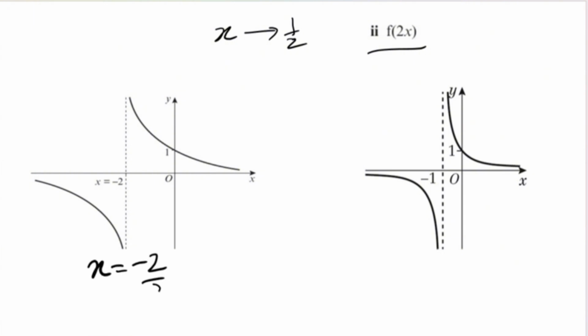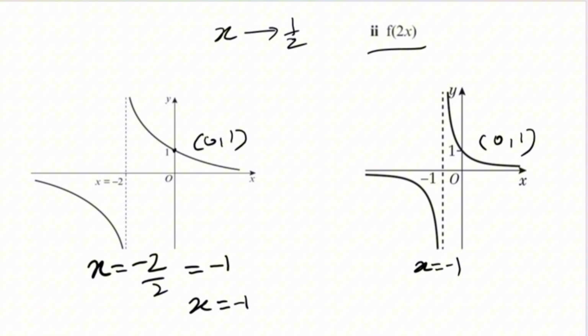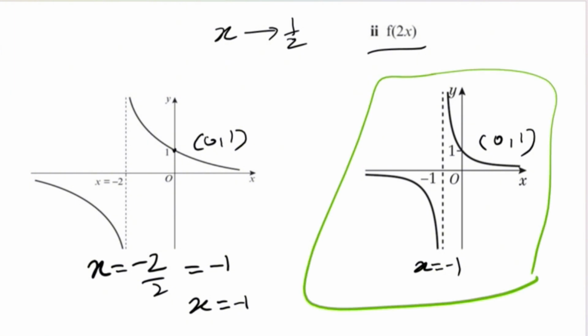If you divide by 2, that will give you -1. So our asymptote will be x is equal to -1. As you can see here, this is the x is equal to -1 asymptote. The y-intercept, which is (0, 1), will not change, it stays as (0, 1). So this is our transformed graph.